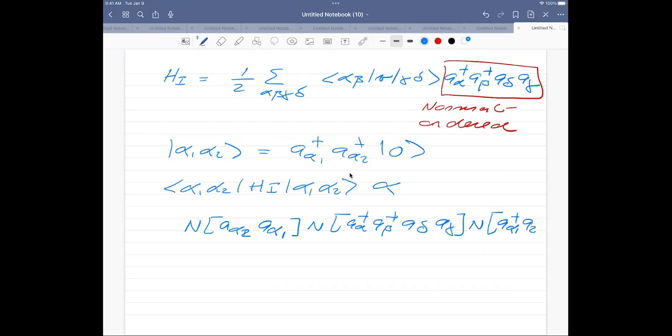If we then use Wick's generalized theorem, that means that we can only make contractions between the different normal ordered chains of operators. So we could have this contraction here, that's a possible one.